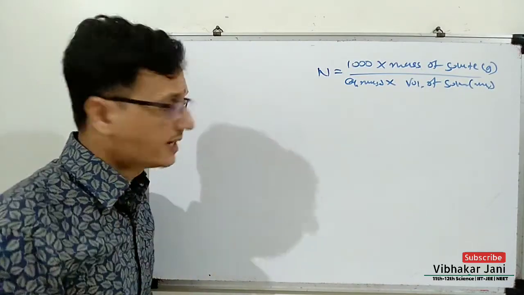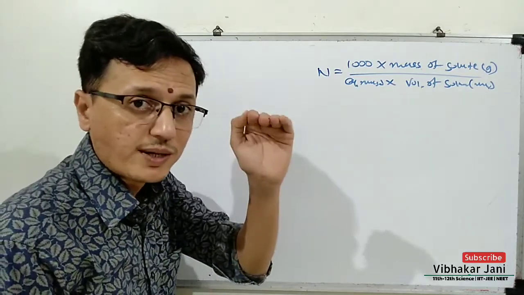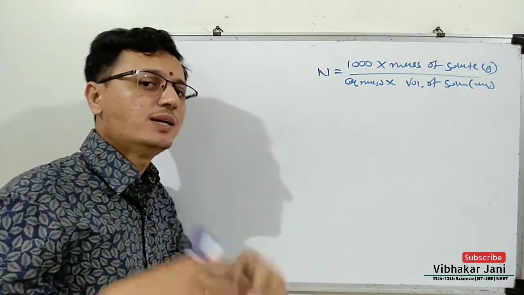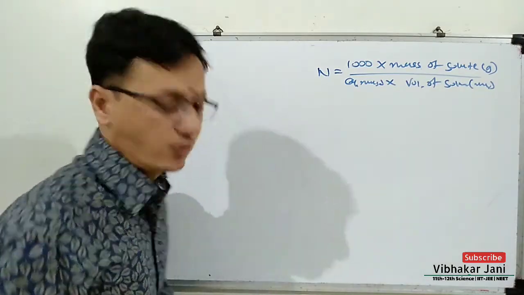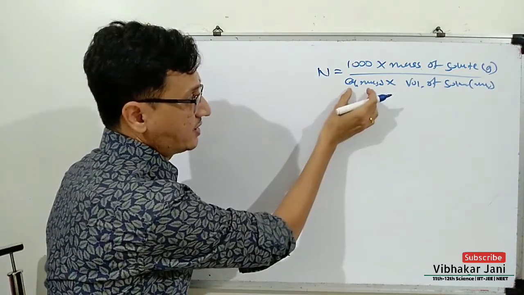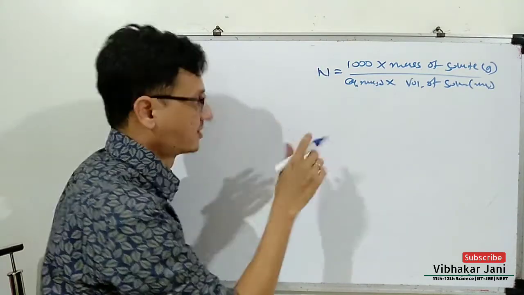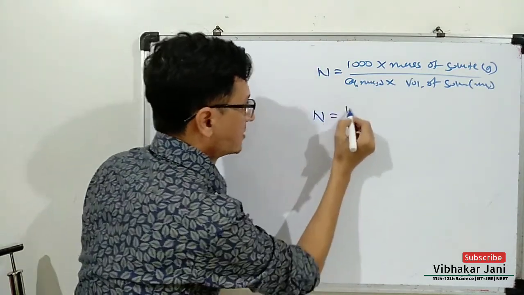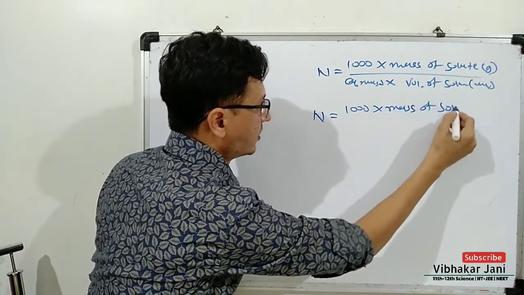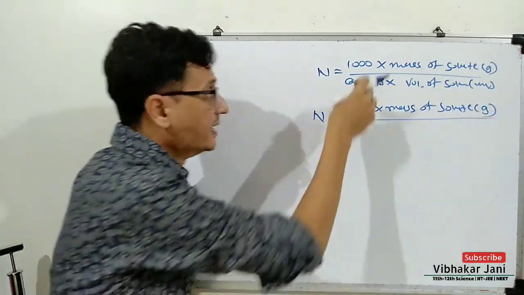Now you know that the formula of equivalent mass is equal to molecular mass divided by X. This was the formula for equivalent mass for different substances. So it is a general formula. So let us write this formula, in which instead of equivalent mass I am going to write molecular mass divided by X.